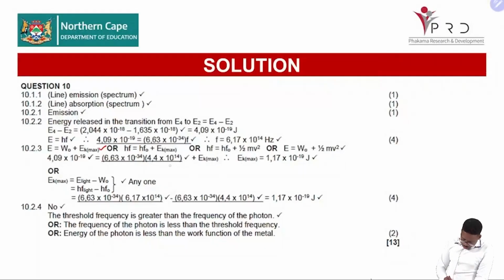Then you transpose the work function. If you transpose it, you're going to get energy minus work function is equal to EK max. And our answer will be 1,17 times 10 to the power negative 19 joules.